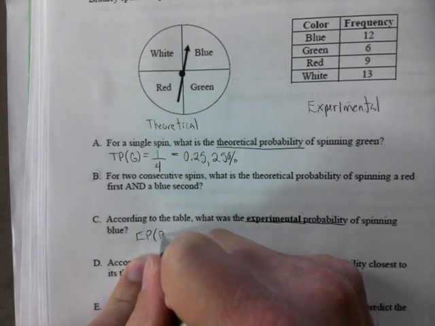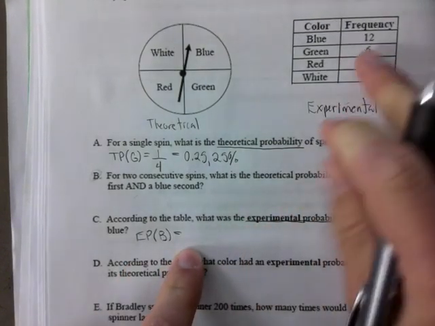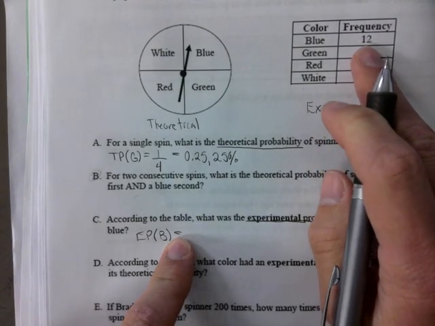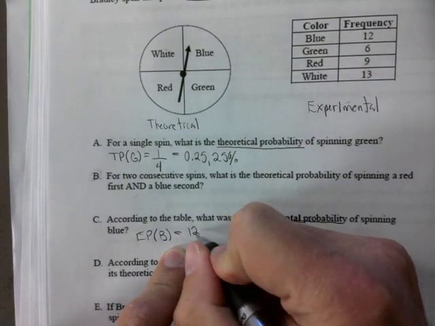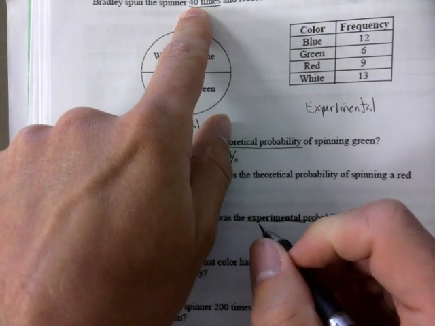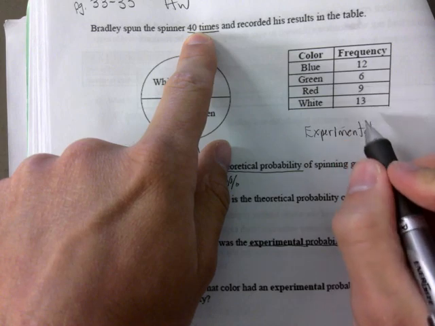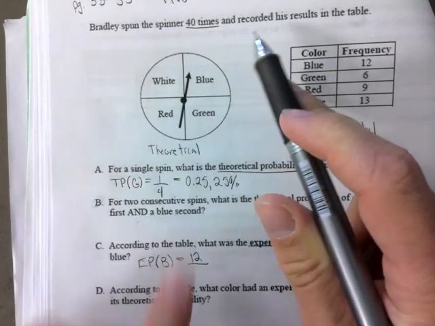Now I'm looking at the table: how many times did he spin blue? 12. And he spun a total of 40 times. We're given that up here, so we don't have to sum these up. We're given the total this time.